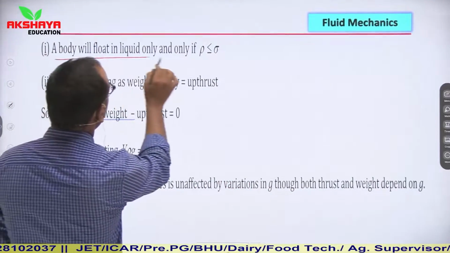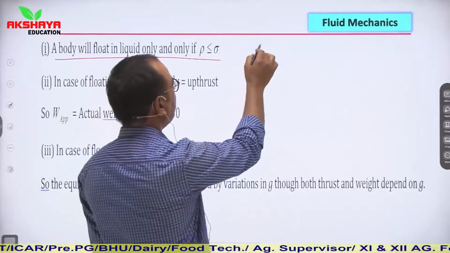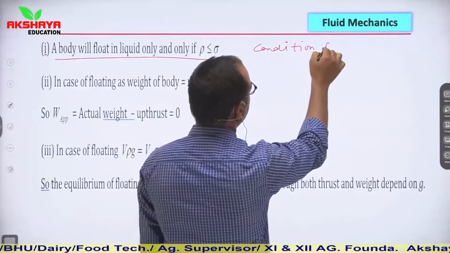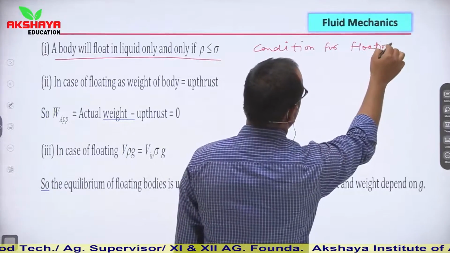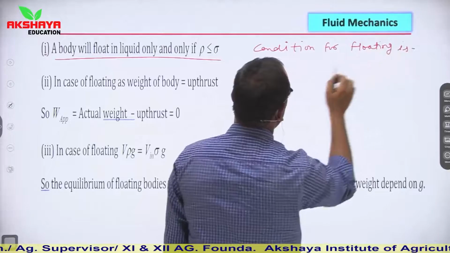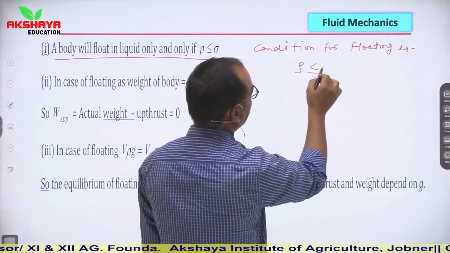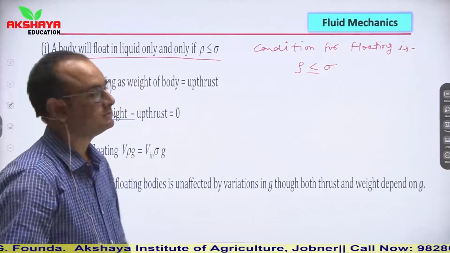A body will float in a liquid only and only if, so what is the condition for floating? The condition for floating is that the density of the body should always be equal to or less than the density of the liquid. Then only it will float.